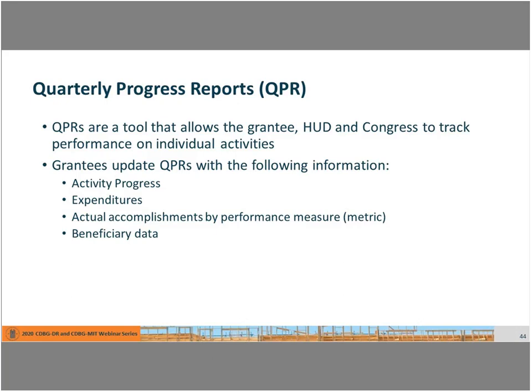Remember back to your action planning and financial planning at the start. These help you to track, report, inform, and even adjust along the way. But remember, you have to have your own tools to collect, manage, protect, and roll up the information that's going to go into your QPR.